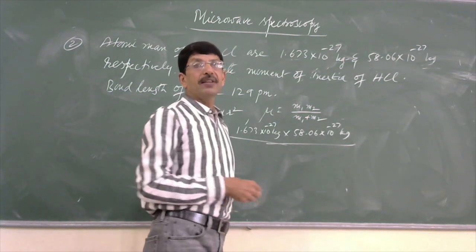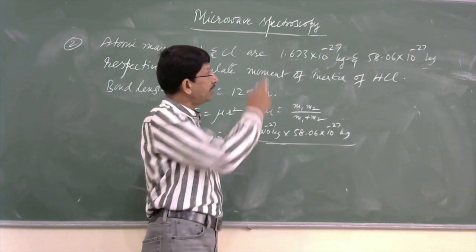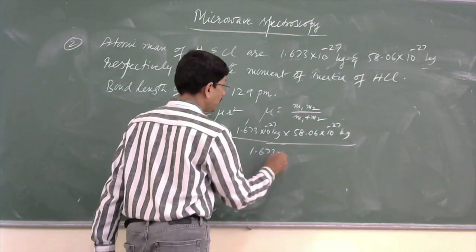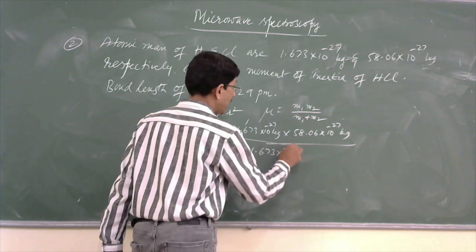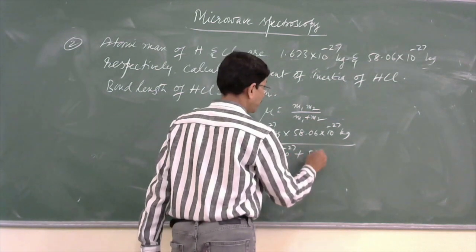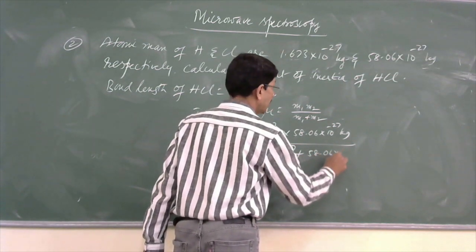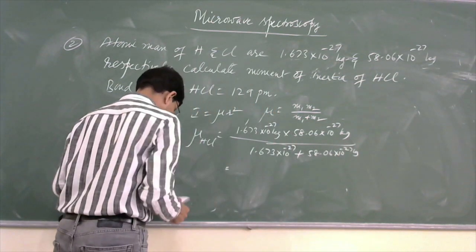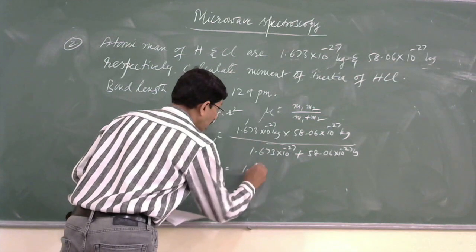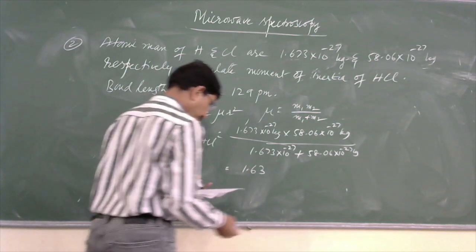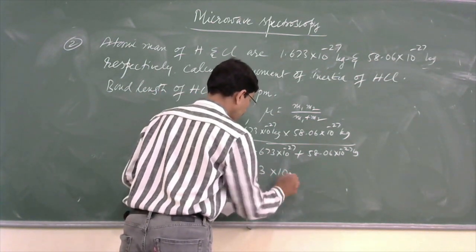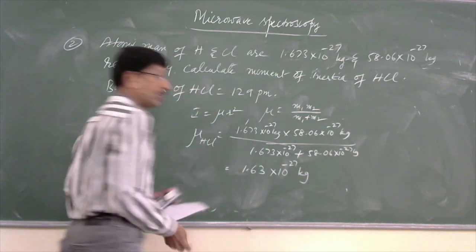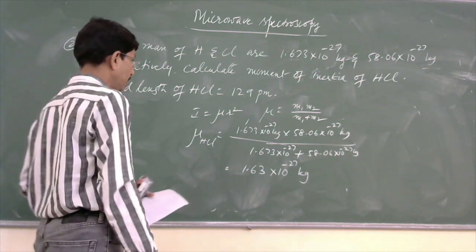The atomic mass of chlorine is 35.5 u, but here it is in terms of kilograms, divided by 1.673 into 10 to the power minus 27 plus 58.06 into 10 to the power minus 27 kilograms. If you simplify this, you get the reduced mass of hydrogen chloride as 1.63 into 10 to the power minus 27 kilograms.